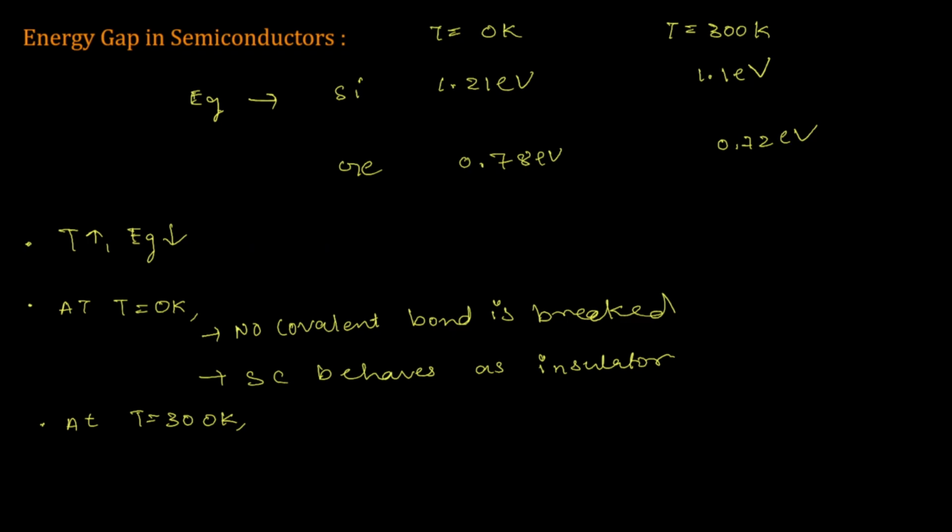There will be breakage of covalent bonds, so electrons and holes, both charge carriers, will be generated and carry current. They will go from valence band to conduction band, and hence they act as conductors at T equal to 300 Kelvin. So this is the energy gap of semiconductors.